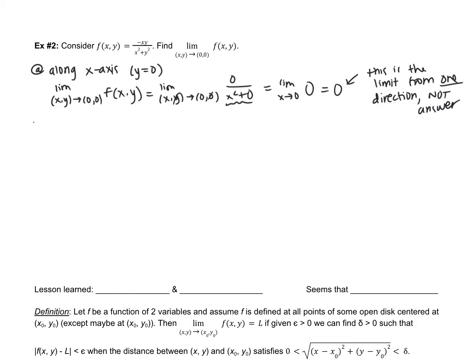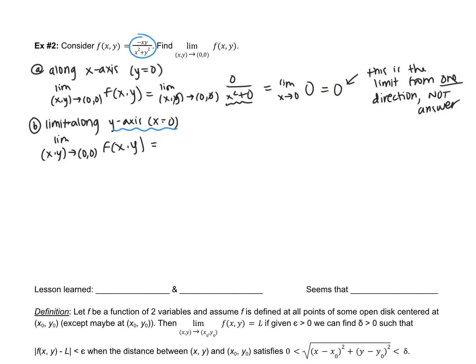Okay, so let's try now to look at the limit along the y-axis. So along the y-axis is when x is 0. So what this limit then is going to look like is, again, (x, y) is approaching (0, 0). But now, if we're along the y-axis, where x is 0, we're substituting x equals 0 into our function.